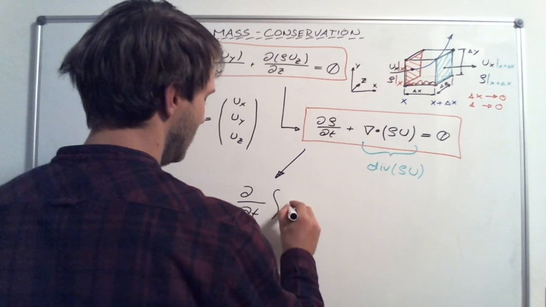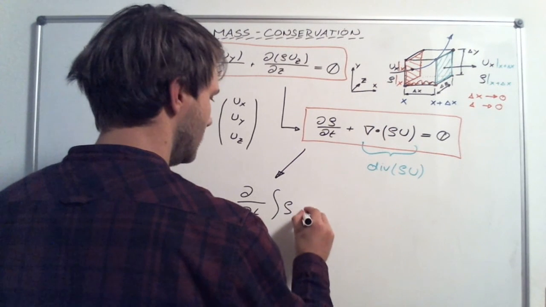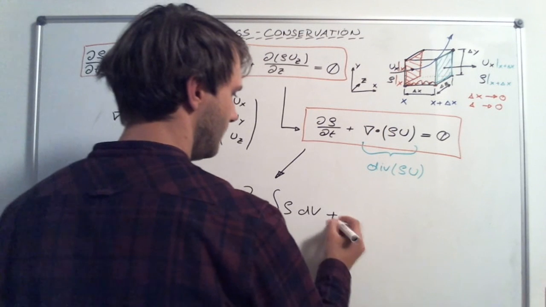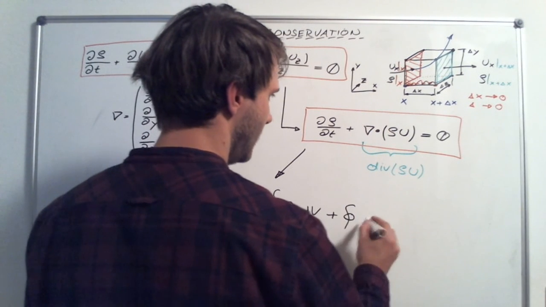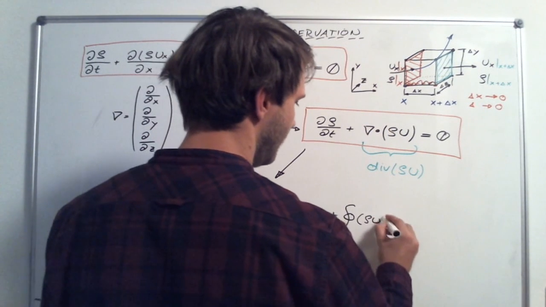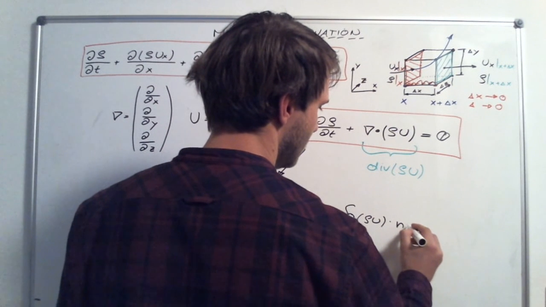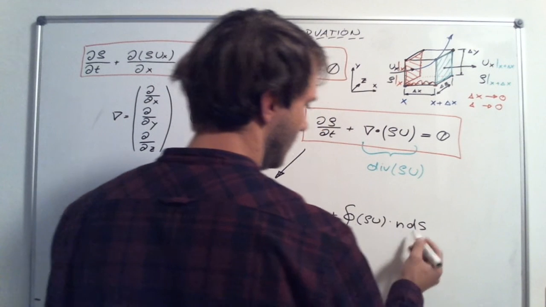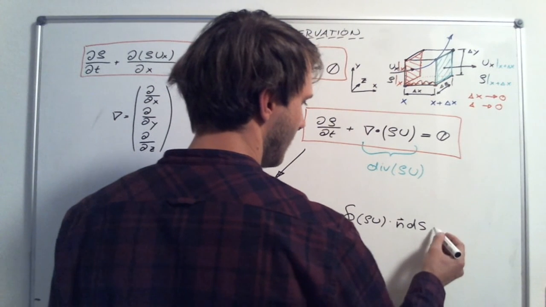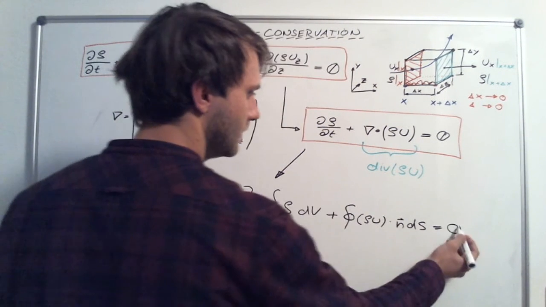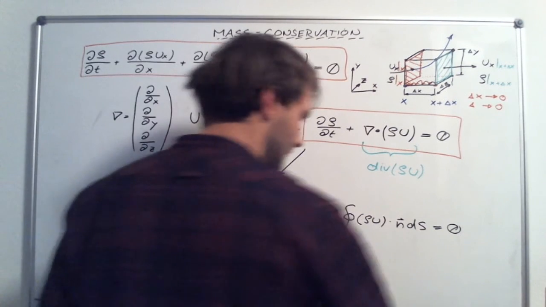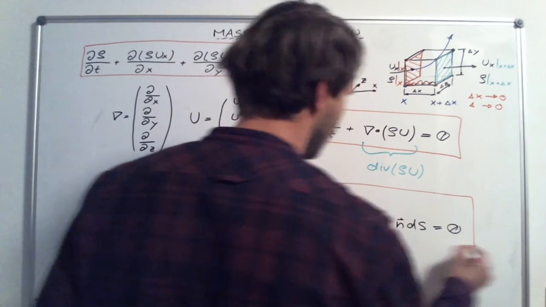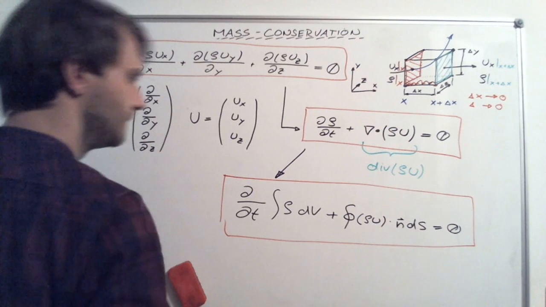So this would be density integrated over the volume plus the surface integral of rho u dot n, where n is the surface normal vector, is equal to 0. So this would be at last the integral form of the mass conservation equation.